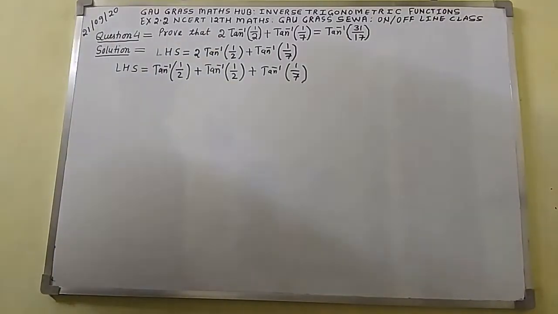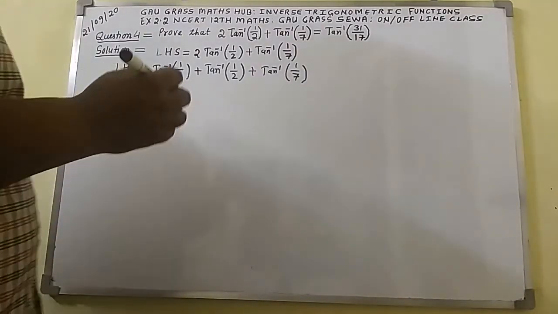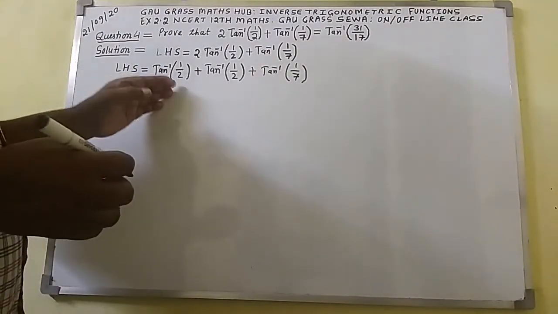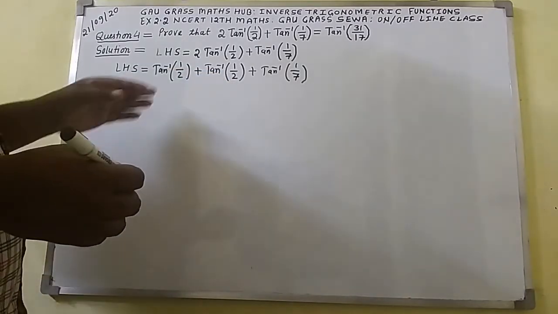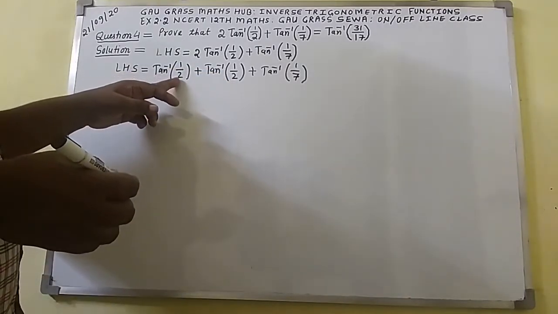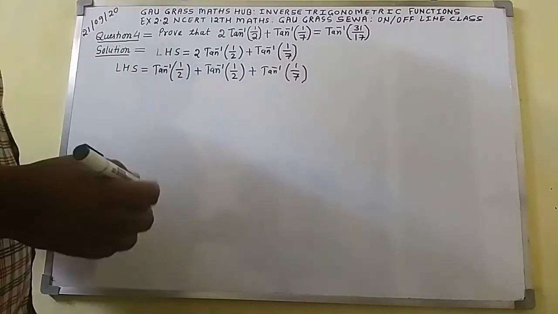So now you have tan inverse 1/2 plus tan inverse 1/2, with 1/2 and 1/2.